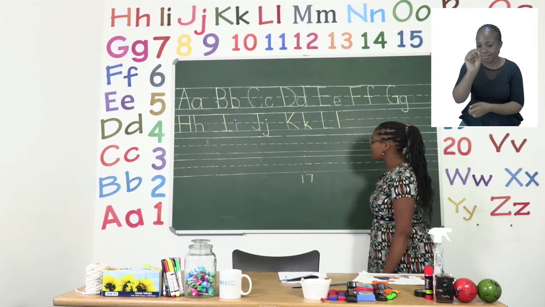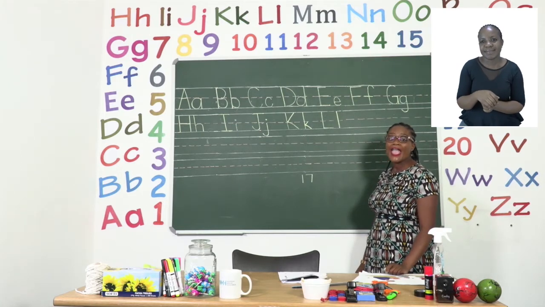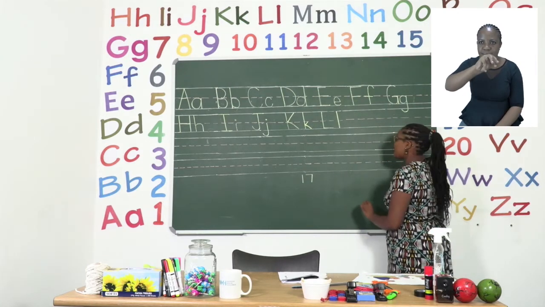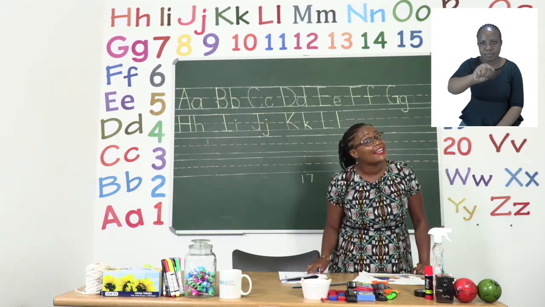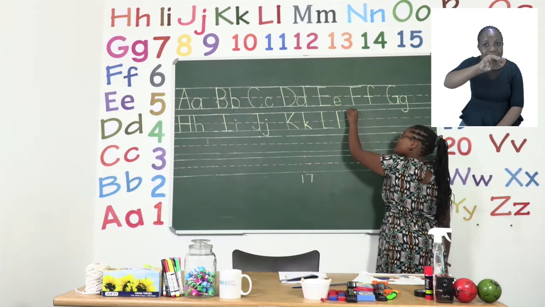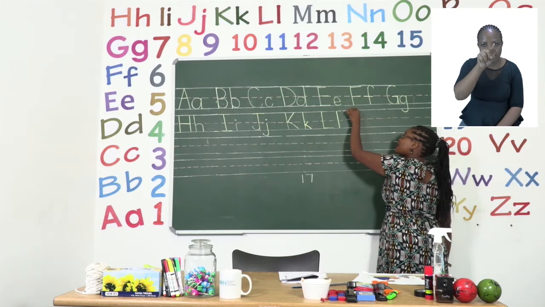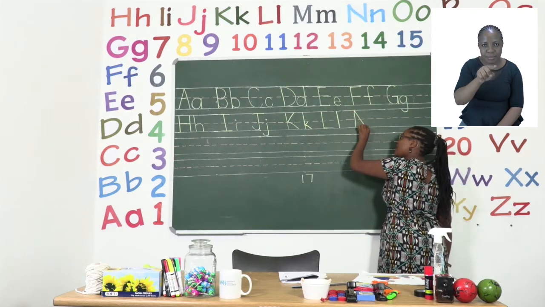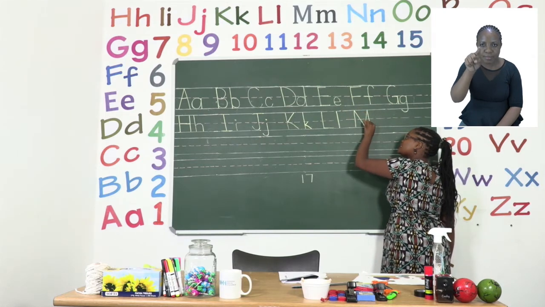The next one that we are tracing is the letter M. So I hope you can see that letter M has 3 legs. Yes, 3 legs. The first leg starts at the top, and then the second one goes down and up at the top again, and then the third one goes down.